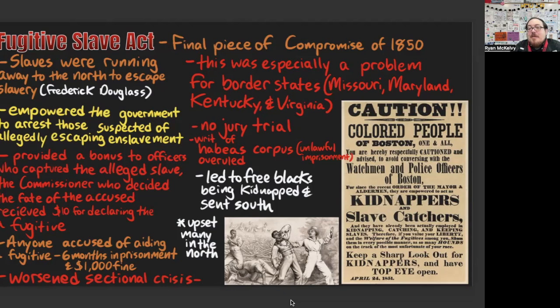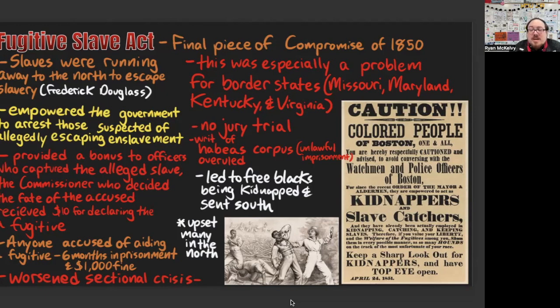It will basically say if you are accused of being a slave who has run away, you do not have that right. You can be imprisoned as long as we need to imprison you if you are accused of being a slave, which violates what's known as habeas corpus, this idea that you can only be in jail for so long without being charged for a crime.